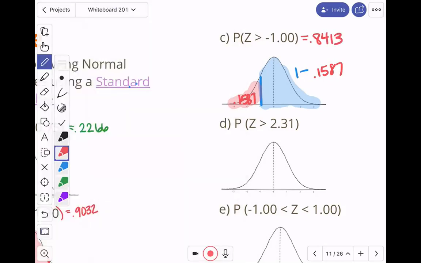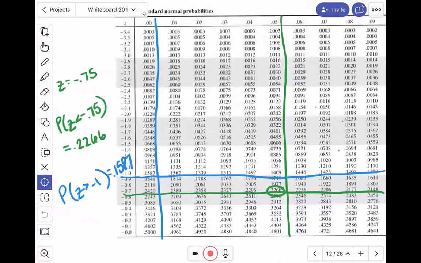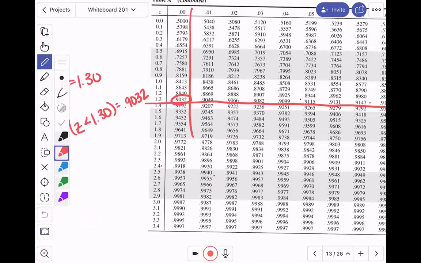Now, there's a much quicker way to do this rather than doing 1 minus every time. That's to realize that because these graphs are symmetric, this right here, -1, corresponds to the same thing as +1 on the other side. And watch what happens when I go look at +1.